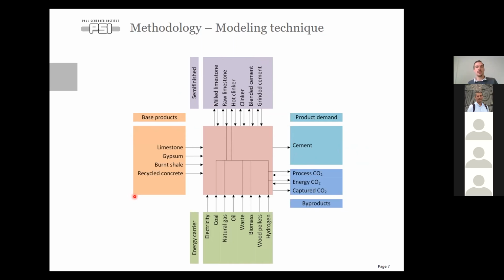The model now models each production step, for example the conversion from raw limestone into hot clinker, which is a production step for producing cement. For that, we again need our energy commodities, and we also produce some byproducts, in this case process-related CO2 emissions or energy-related CO2 emissions. This is just to give you an overview of the general modeling technique that I have applied in my model.